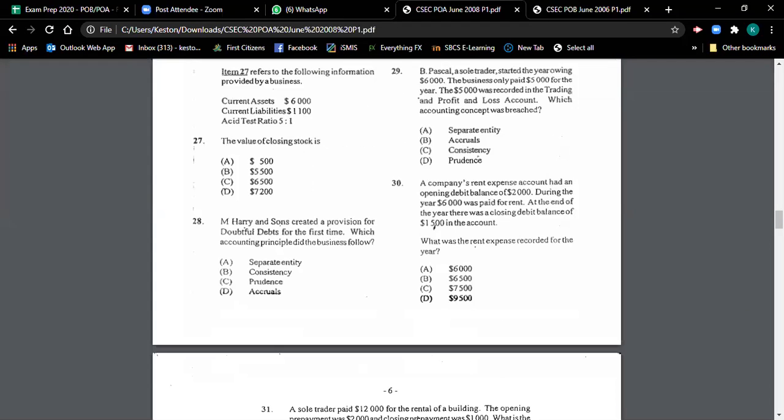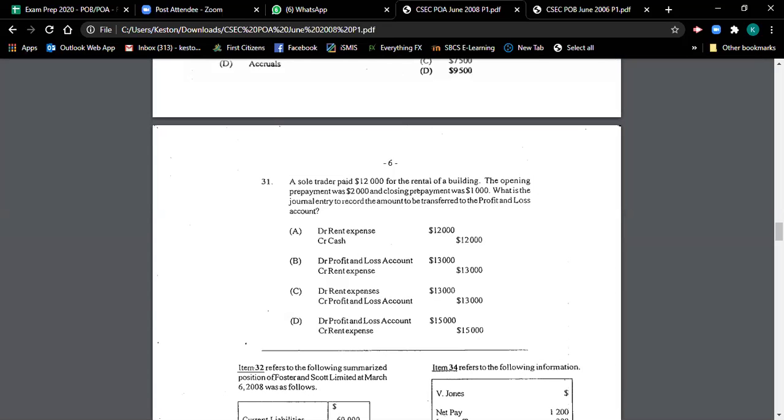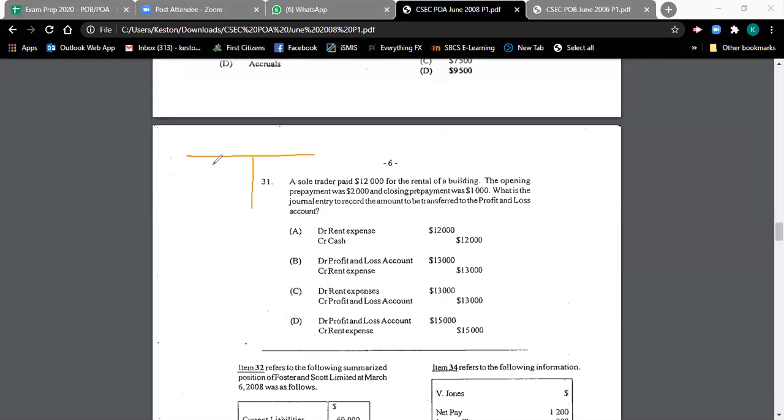31, a sole trader paid $12,000 for the rental of a building. The opening prepayment was $2,000 and the closing prepayment was $1,000. What is the journal entry to record the amount to be transferred to the profit and loss account? Opening prepayment was $2,000.